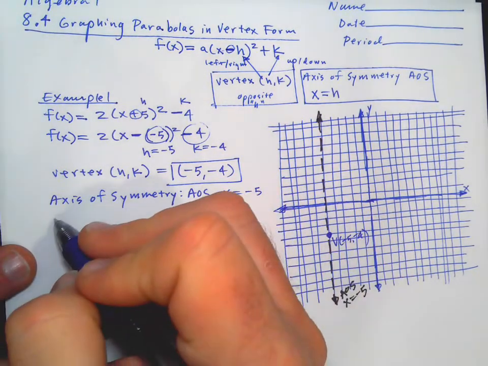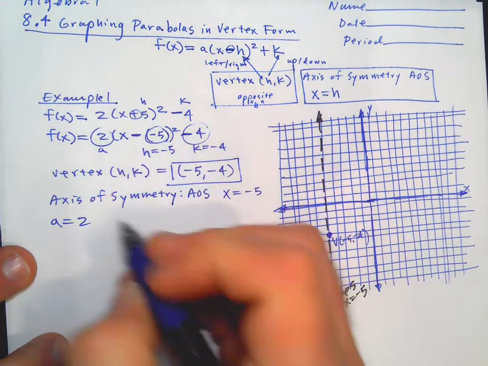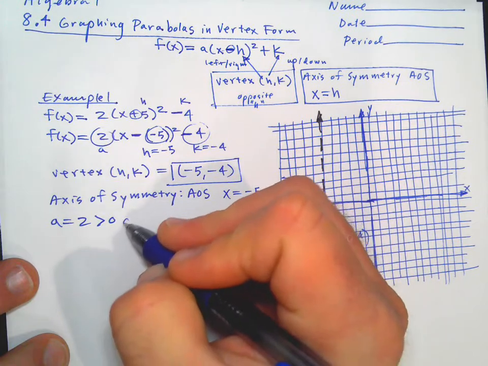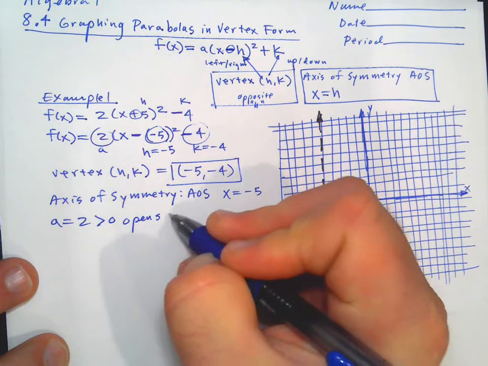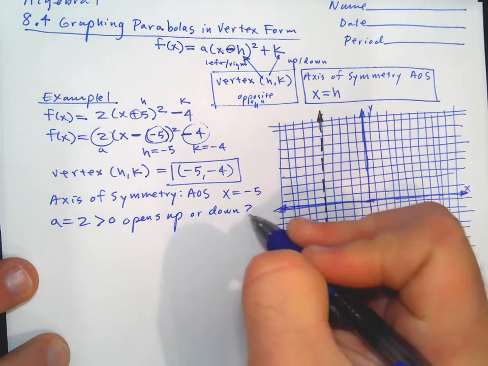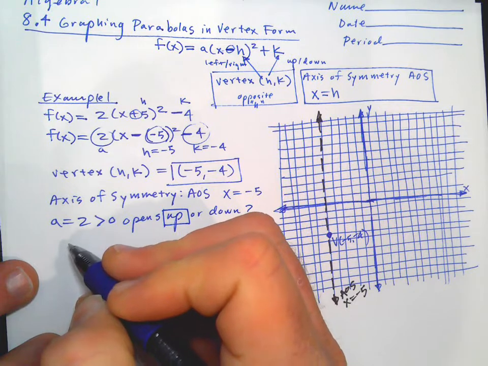We could write down the a value. The a value is 2. That's the a value, right? A value is 2, which is positive, greater than 0, which means it opens up or down. Does it open up or down? It's positive, it opens up. That's just because it's positive.